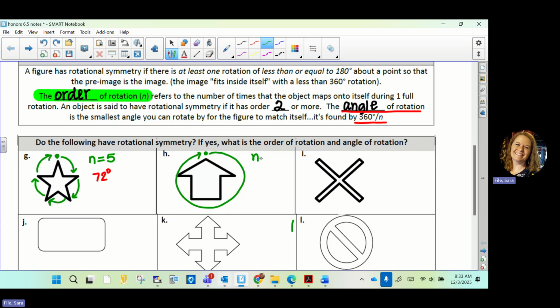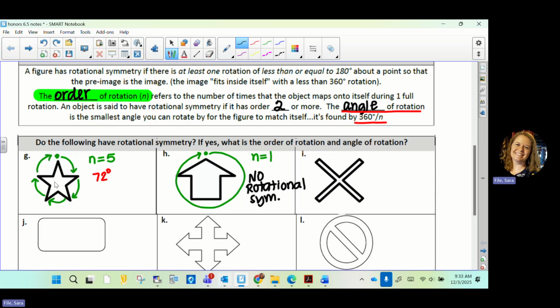So my order of rotation is just 1. So that means it's not a 2. Remember, it has to have an order of 2 or more to have rotational symmetry. So this does not have rotational symmetry. So I would say no rotational symmetry.